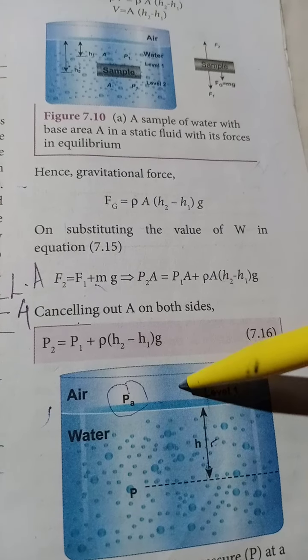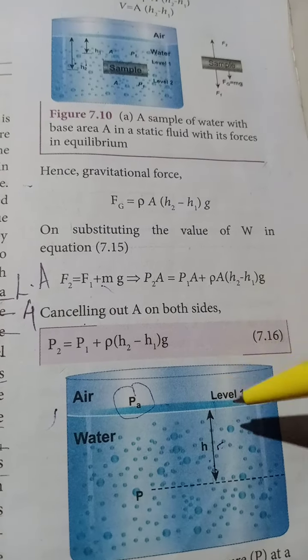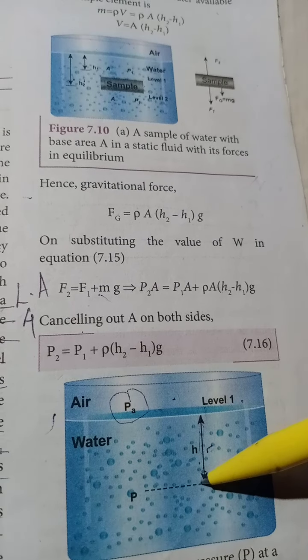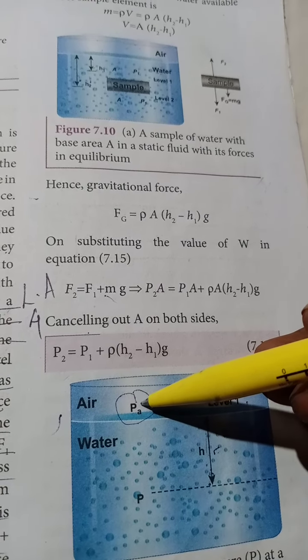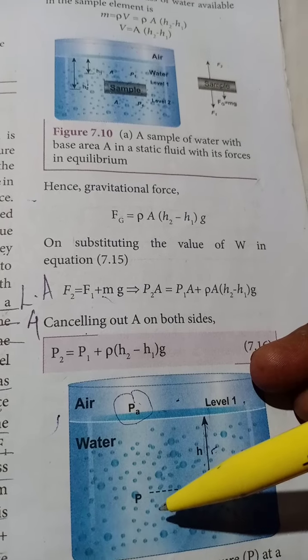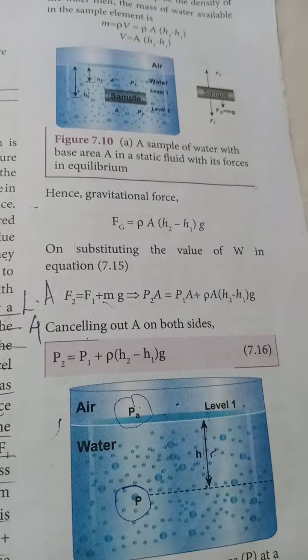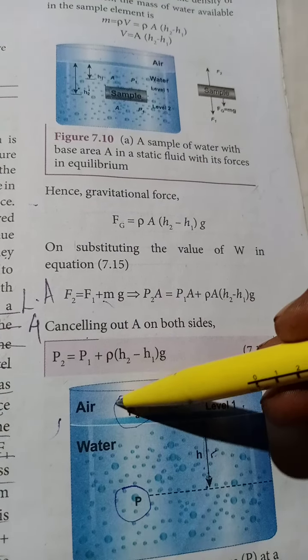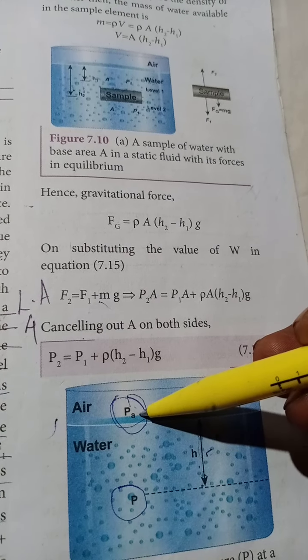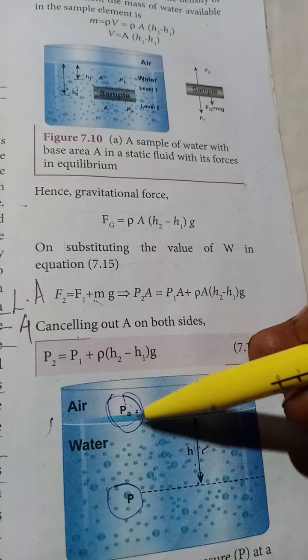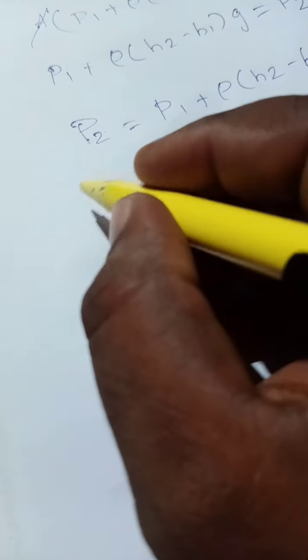In level 1, H1 is nothing, so H1 you can take as 0, H2 you can take as H, and pressure 1 you can take as PA, atmospheric pressure. That is P1, and P2 is P, the pressure which is acting in the liquid.